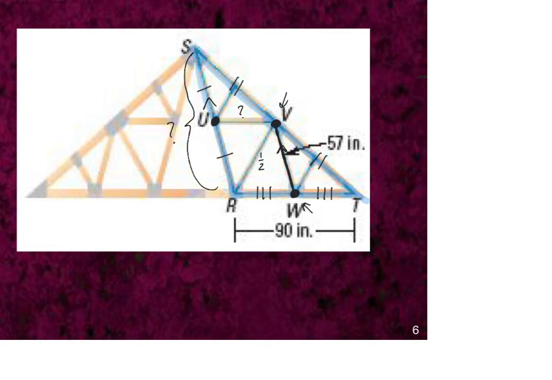So VW is 1/2 times SR, and SR is going to be 2 times VW. Now we're given VW. VW is 57, okay? So all we do is we plug in the 57. 2 times 57 is 114.